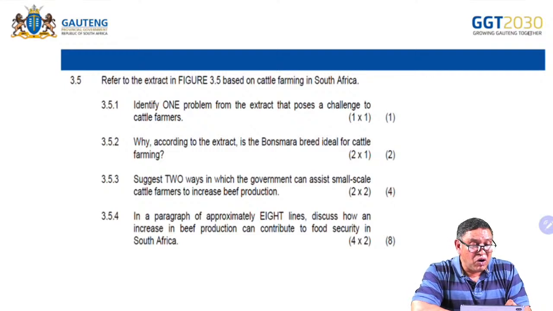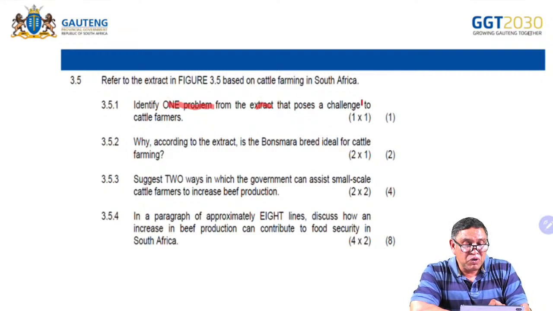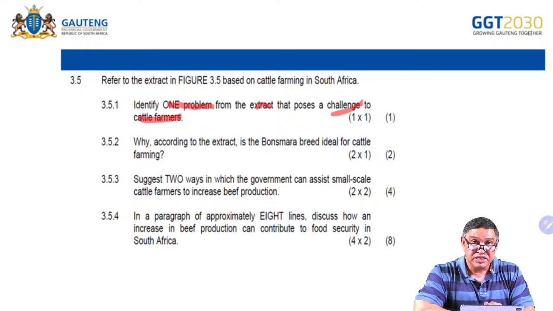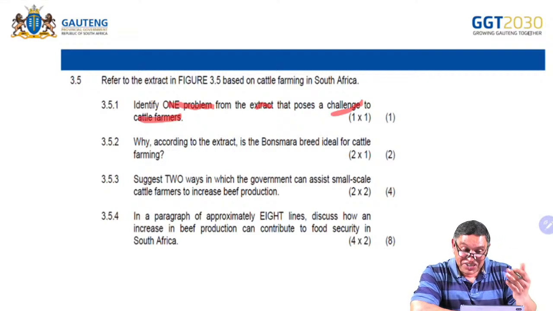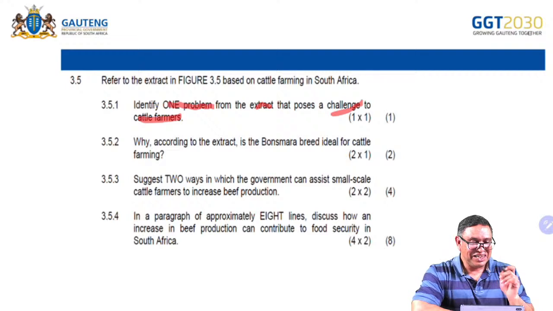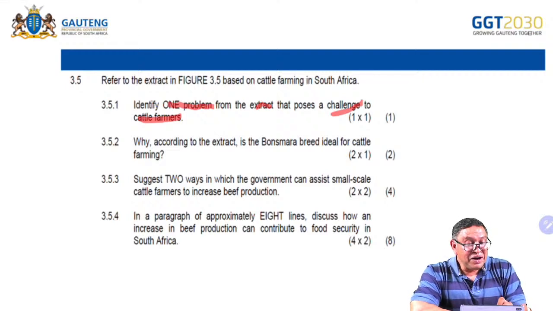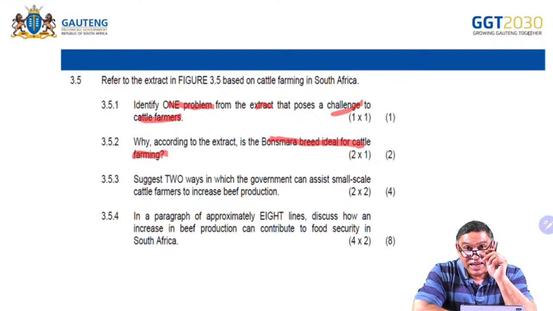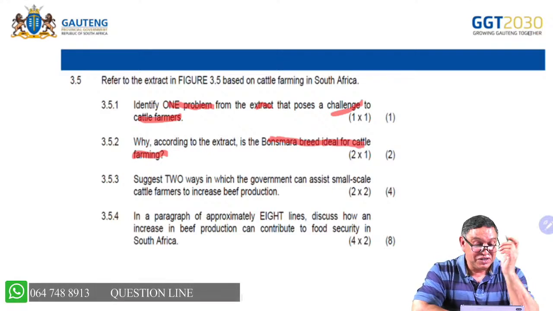First, it talks about one problem from the extract that poses a challenge to cattle farmers. Factors hindering. Can you see it? Next one, it says, according to the extract, Bosmara cattle breed are ideal for cattle farming. That actually brings out a positive factor.